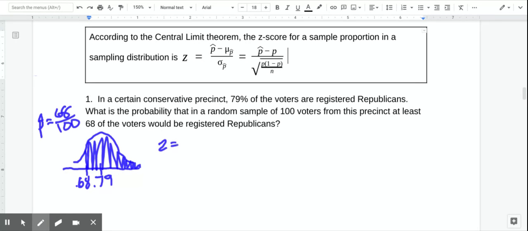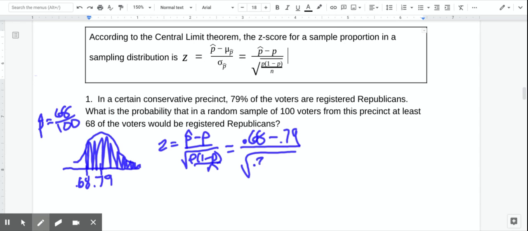So our z-score is p hat minus p over the square root of p times 1 minus p over n. So p hat, we just said, was 0.68. P comes from the population, that was 0.79. And then we have the square root of 0.79 times 1 minus 0.79 over our sample size of 100.